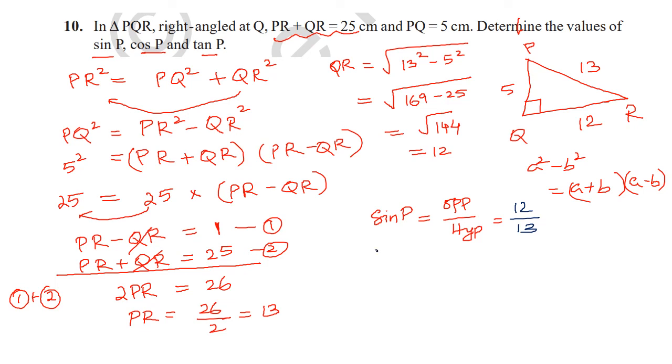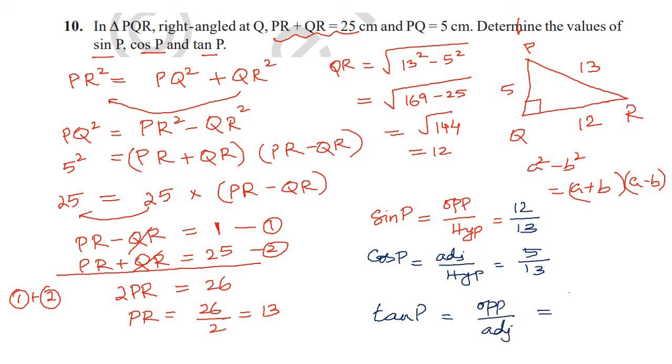Next it is cos P. Adjacent by hypotenuse. So that will be 5 by 13. Next you have to find out tan P. What is tan P? Opposite by adjacent, that is equal to 12 by 5.